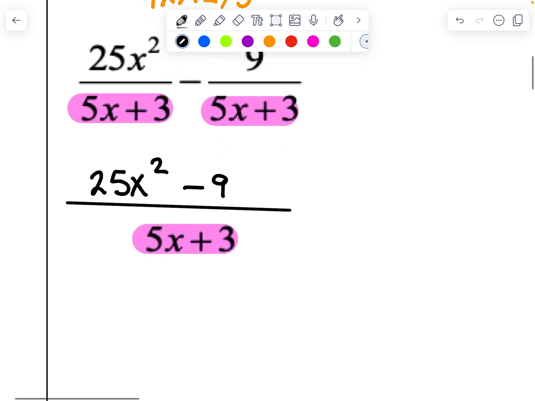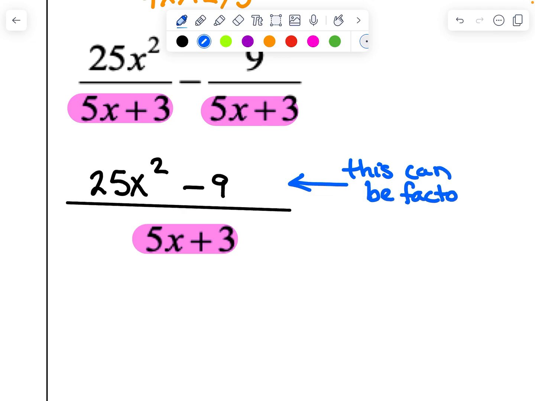However, ding, ding, ding, this can be factored. Factored, yes. So we're going to factor it.